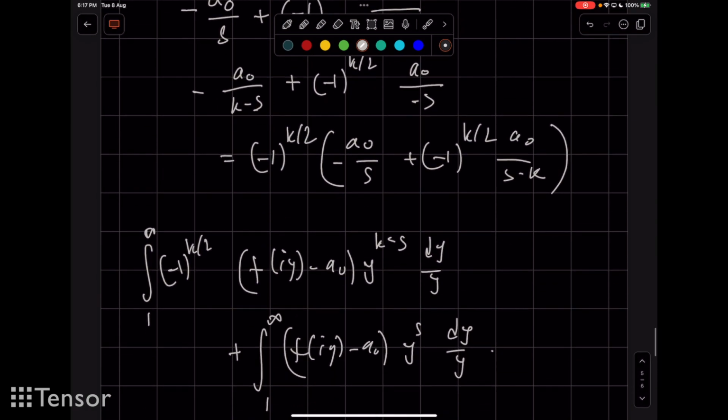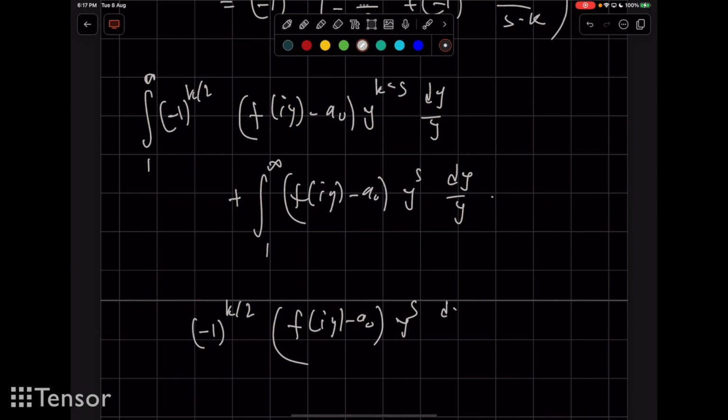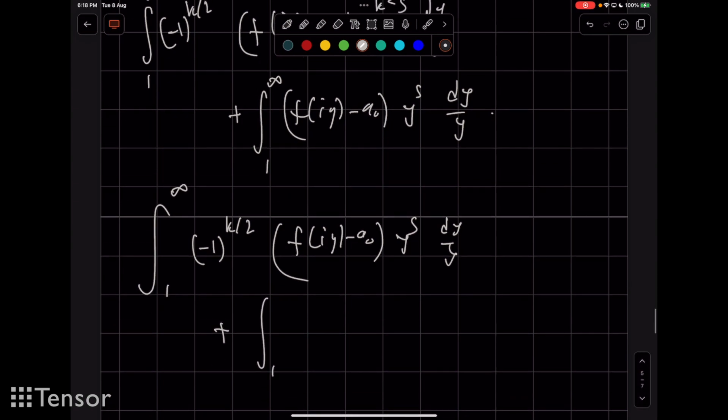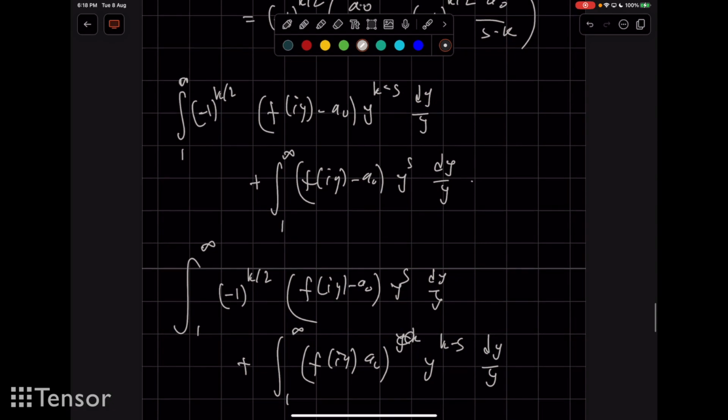And if you replace s by k minus s, what do we get? This (-1)^(k/2) times f(iy) minus a0, and how does this term change? It becomes y to the s, dy over y, plus what about the second term? f(iy) minus a0, y to the power k minus s, dy over y.